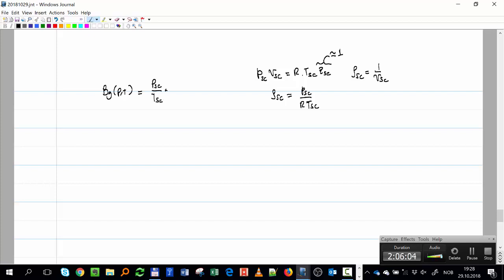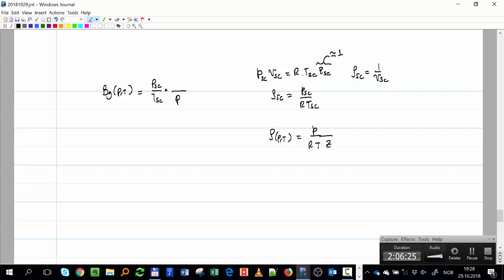So up here comes P standard conditions, and then I need the density at local conditions. That will use the same logic: pressure over R T z, right?